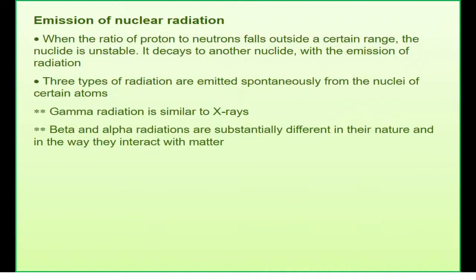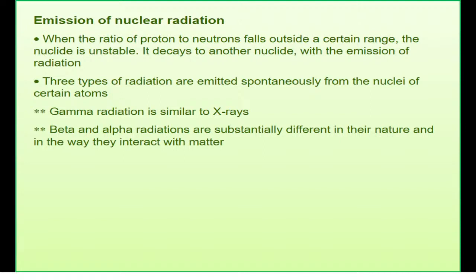When the ratio of the numbers of protons to neutrons falls outside a certain range, the nuclide is unstable. It decays to another nuclide with the emission of radiation.